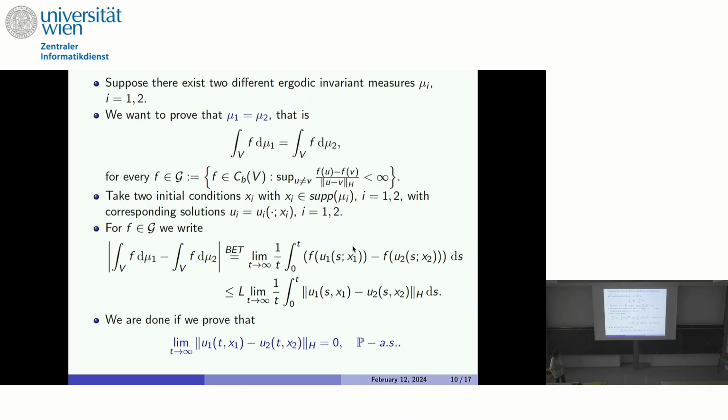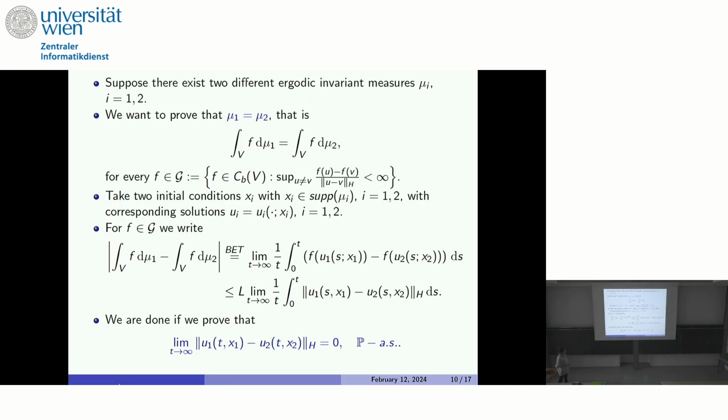So you see that now the difference of the two solutions in the H norm appears. And so this means that basically if we are able to prove that when time goes to infinity, the difference of the two solutions in the H norm is equal to 0 almost surely, then this is equal to 0, and we have the equality that we want to prove. So we have uniqueness of the invariant measure.